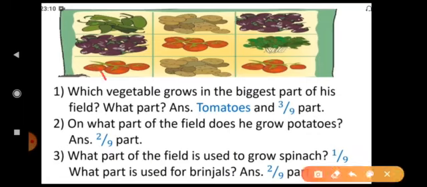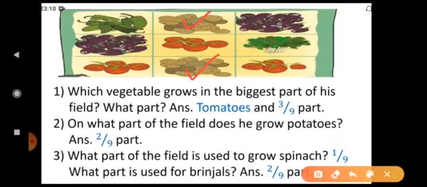Let us count 1, 2, 3. Okay, so the fraction of tomatoes will become 3 out of 9 equal parts. So its fraction will become 3 upon 9. Second question, on what part of the field does he grow potatoes? Here we can see in the picture 1 and 2 for potatoes.